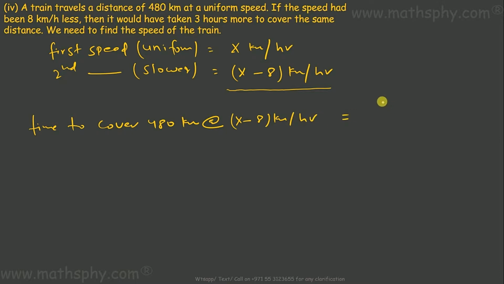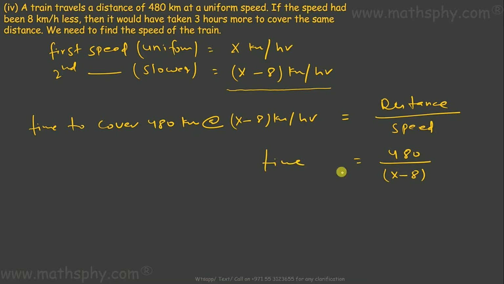Time is what? Distance over speed. Distance is 480 kilometers. Speed is x minus 8 kilometers per hour. So time to cover 480 kilometers at this speed is this much.